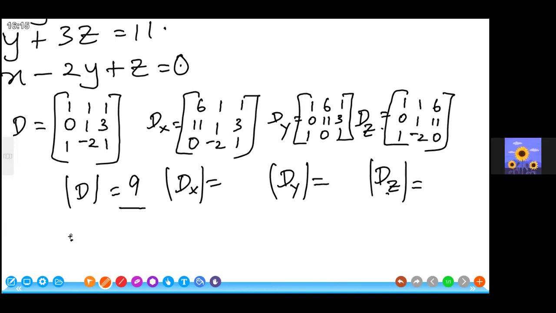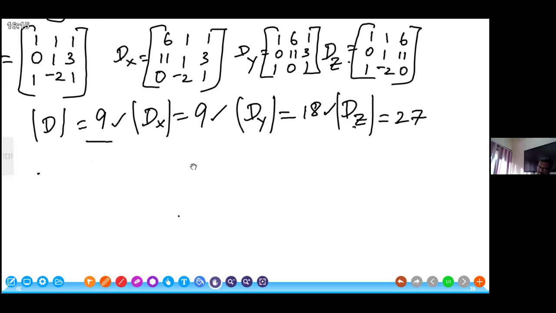That is also correct. Dy is 18. Last one, dz is 27. Minus or plus? Plus. Yes, this is correct. It's a worked example.